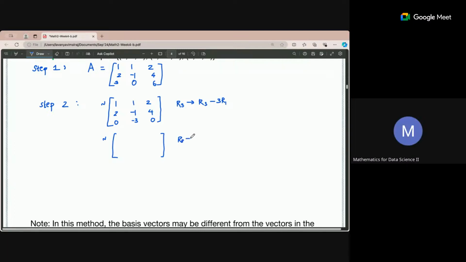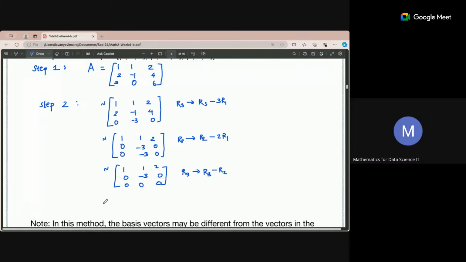What do you get? 0, 0, then minus 3, minus 3, minus 3, and then 0. Now we can write R3 as R3 minus R2. So you have 1, 1, 2, 0, minus 3, 0, 0, 0, 0.